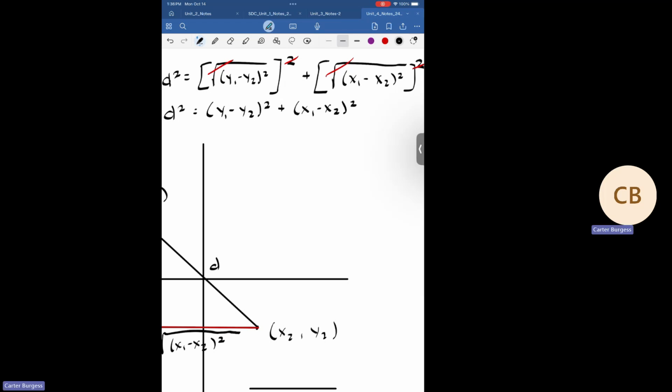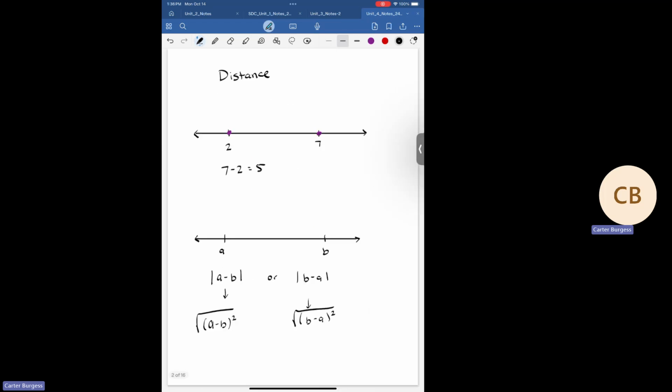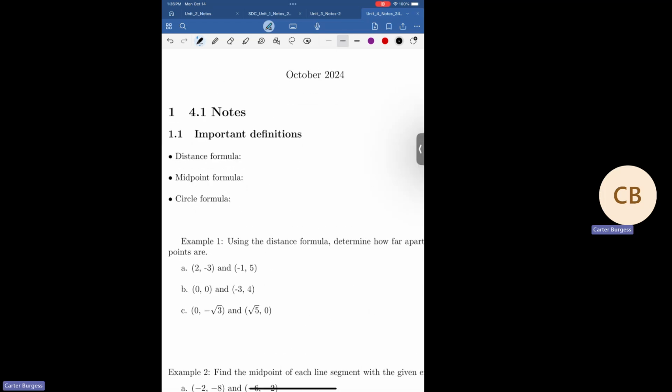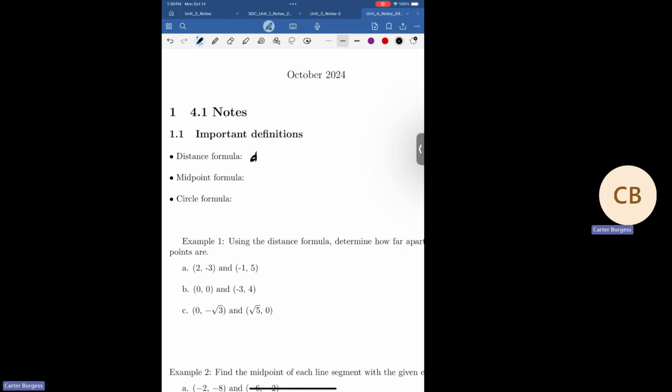Okay, this would be a fantastic place to stop with distance formula. This is totally fine. Ultimately, though, if we're needing to find the distance, what would I need to do to both sides? I need to take a square root. So generally speaking, when we actually write the distance formula, rather than d squared is equal to something, we represent it as d is equal to the square root of all this mess.